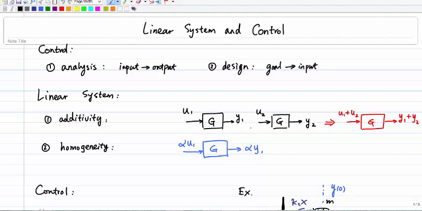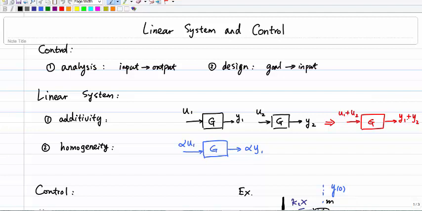G you can consider as a transfer function. For a given system G, if I give input U1, you get an output Y1, and for the same G, if you give U2, the output is Y2. This property says that if I give U1 plus U2 as the input, the output will be Y1 plus Y2.